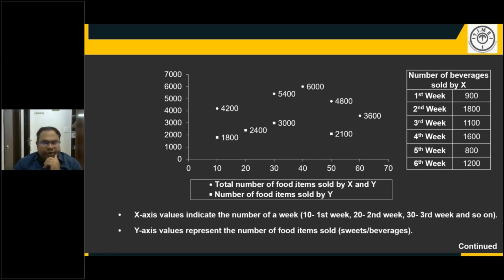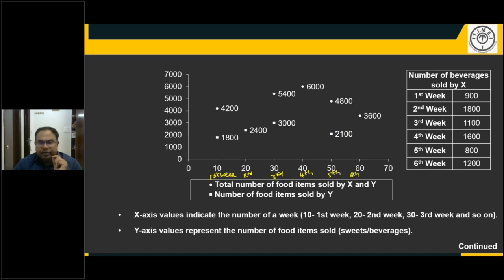Okay, so you can see total number of food items sold by X and Y. My food items contain sweet boxes and beverages together. So this circle shows total food items sold by X and Y, and this shows total food items sold by Y. Okay. X value indicates numbers of a week. Okay, this is first week, 20 indicates second week, third week, fourth week, fifth week, sixth week.